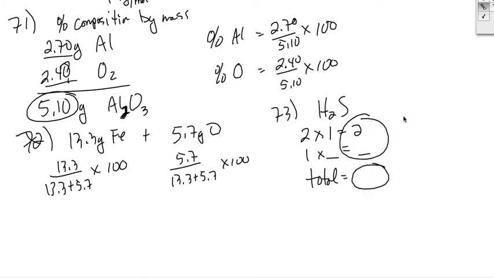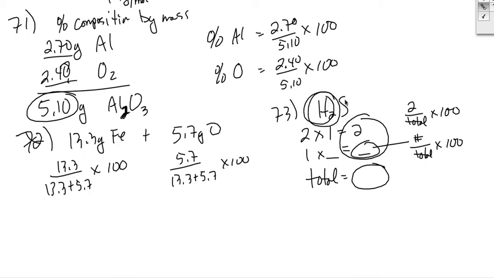Then the percent composition is going to be 2 over the total for hydrogen times 100. And for sulfur, it's going to be this number over the total times 100. It's always the mass of the element in the compound over the total for that entire compound.